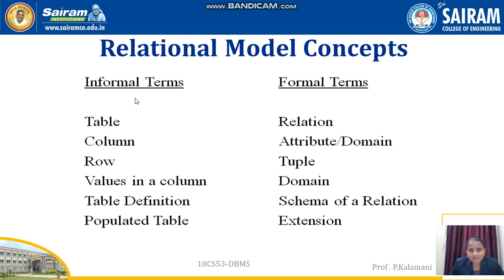A table definition informally is formally called the schema of a relation. A populated table is called the extension, or instances, or the database state. So these are the informal and formal terms used in the relational model.